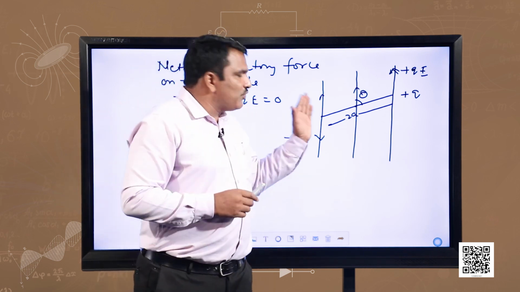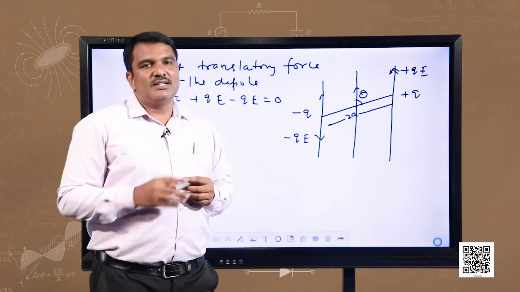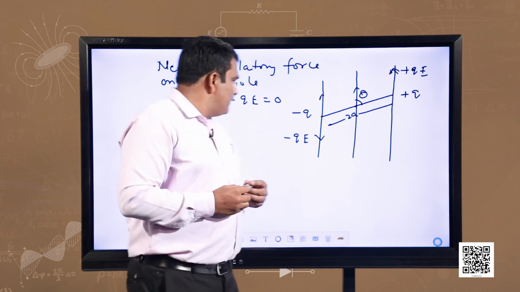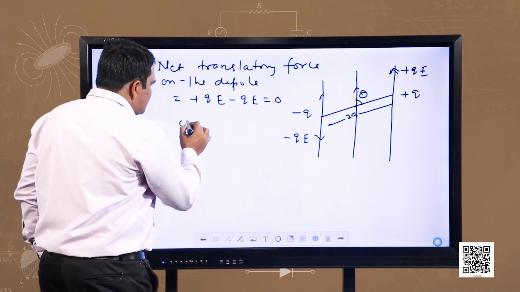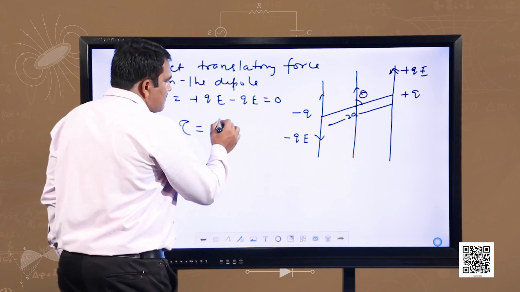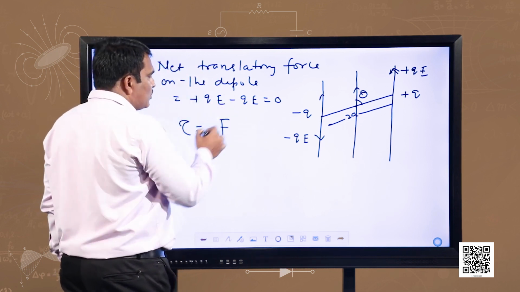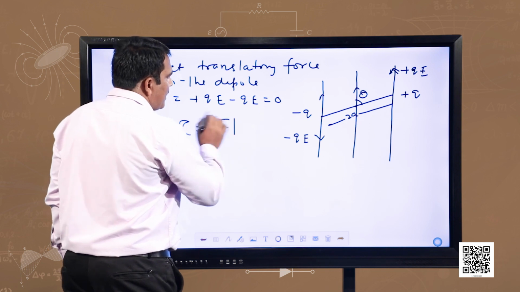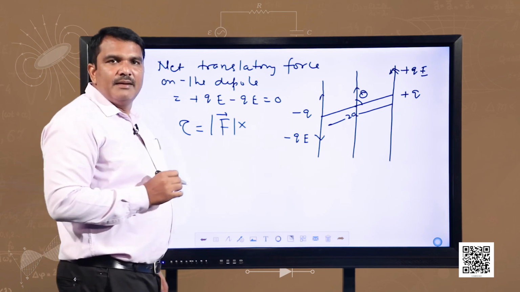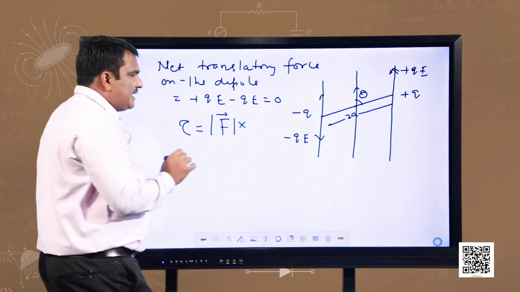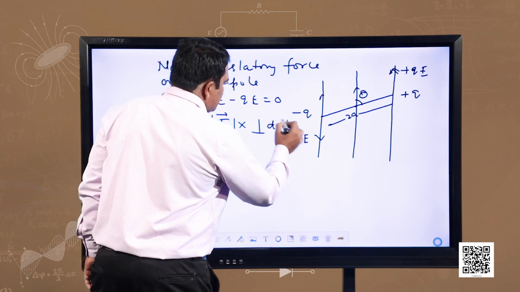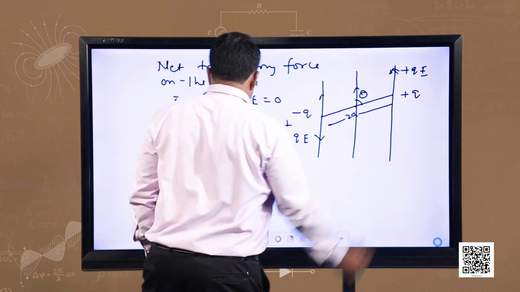Instead, such forces constitute a torque or couple, and the magnitude of torque is given as force, the magnitude of any of the forces, multiplied by the perpendicular distance between the two anti-parallel forces.